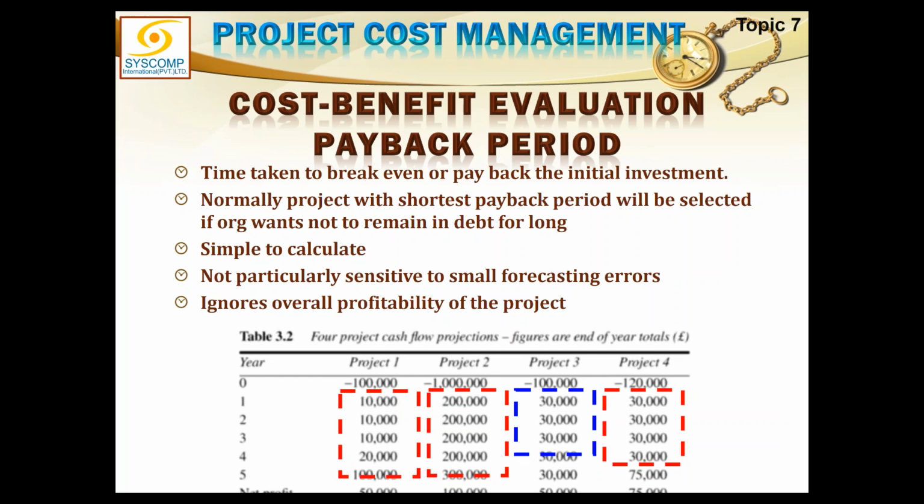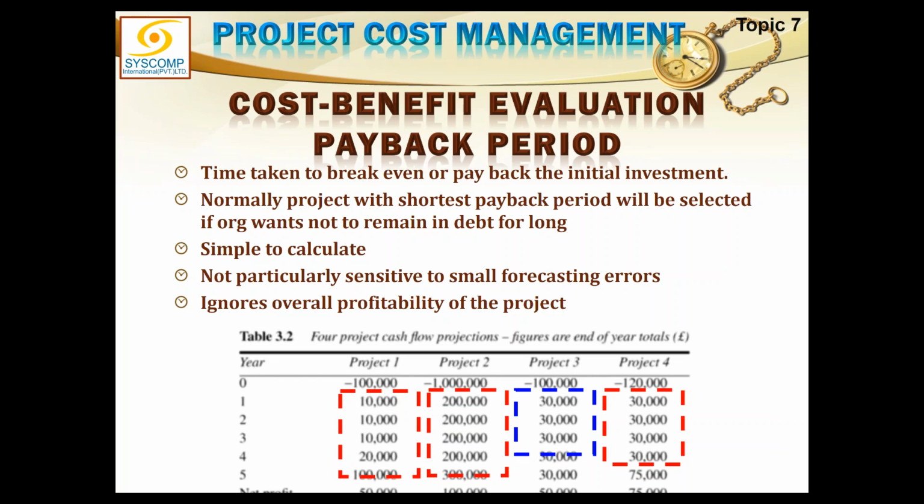Similarly, project 2 investment is 10 lakh and I am getting 2 lakh per year, and the last year is giving me 3 lakh. So in 4 years I have not recovered my whole money. That would be in the later part of the fifth year that I would have recovered that money. Let's look at project 3.